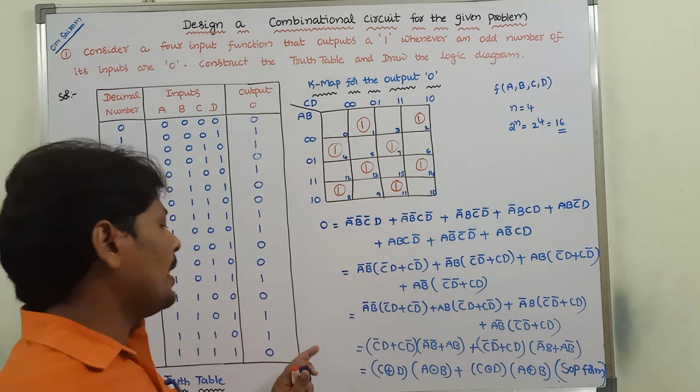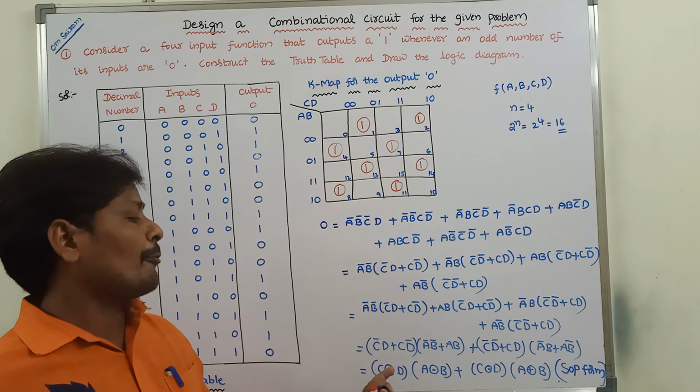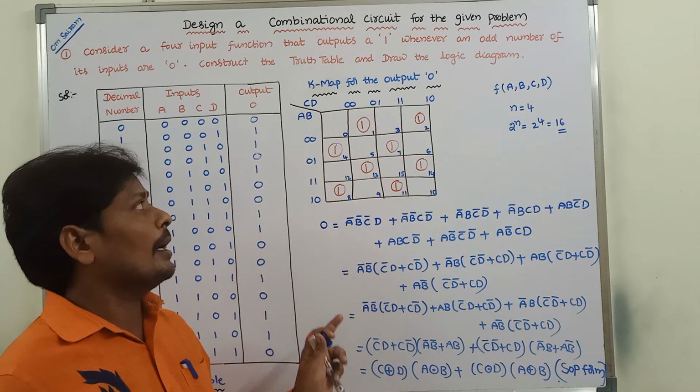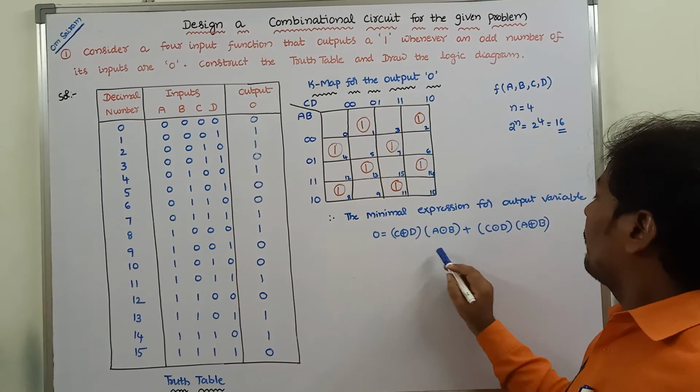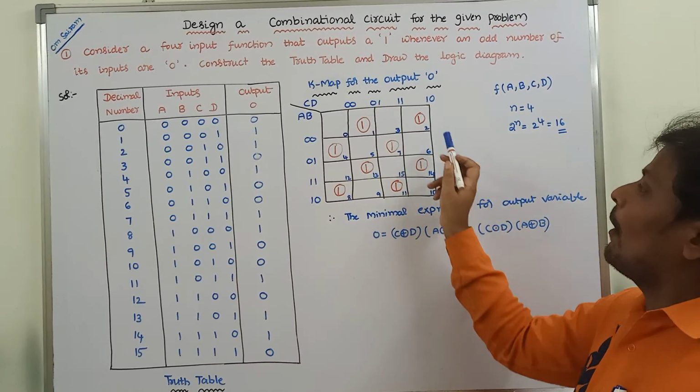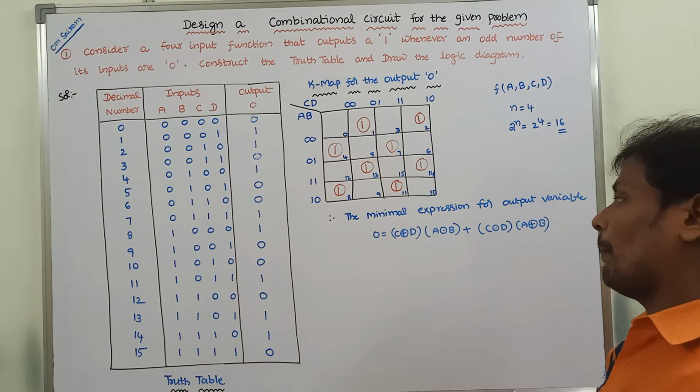Now we have to draw the logic diagram for sum of products form of the output variable O. This is the minimal expression we are getting after simplifying all ones in the 4 variable Karnaugh map.